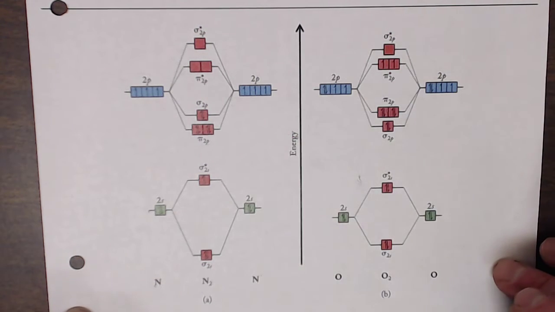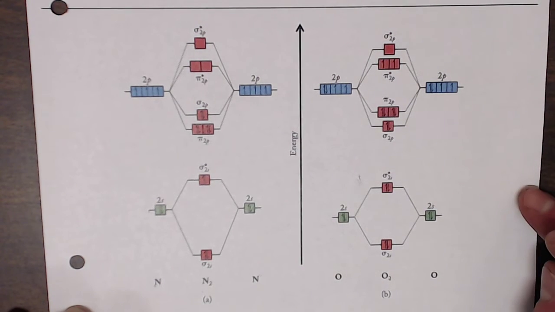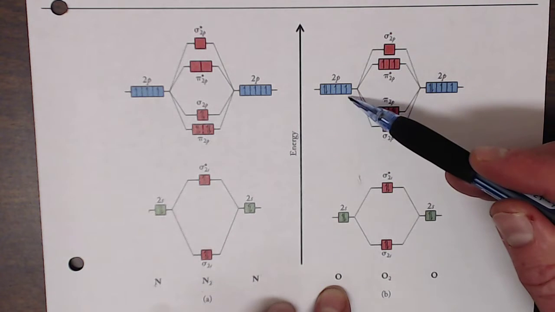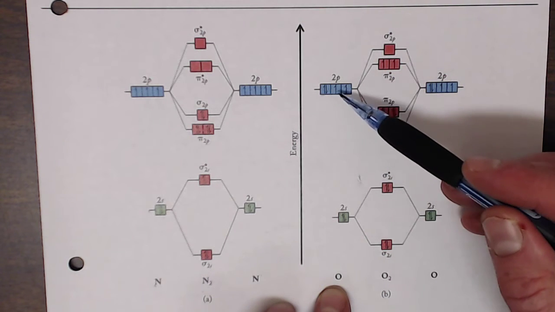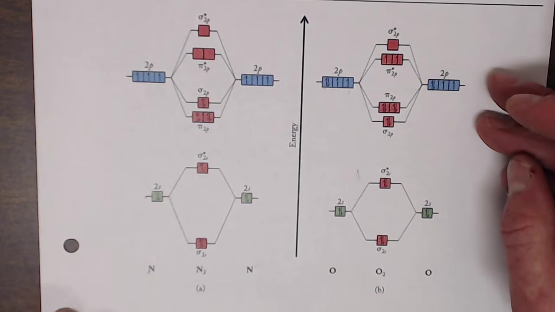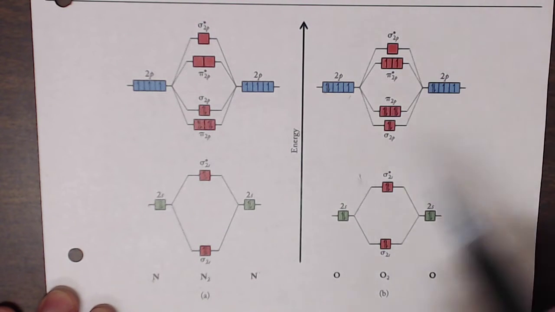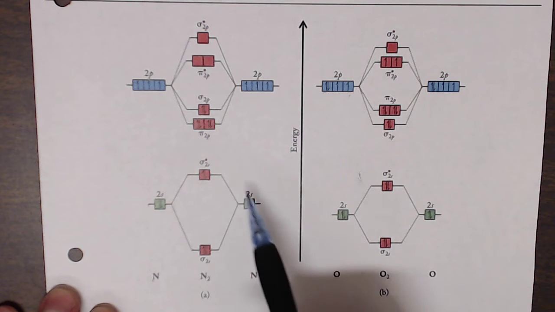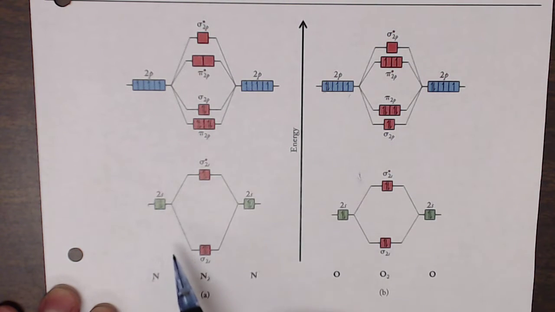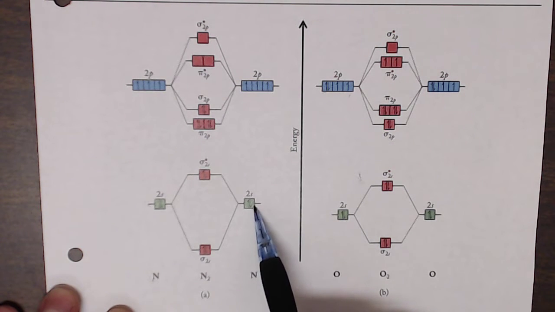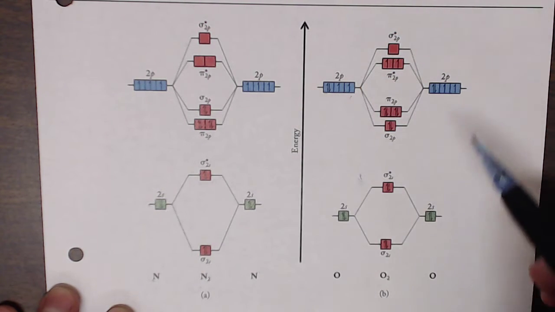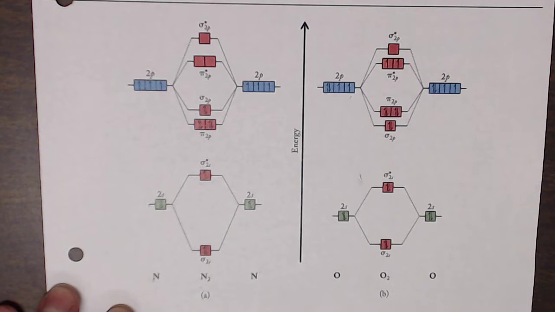It's only showing you the valence electrons. And then similarly for oxygen, the valence electrons are 2s2, 2p4, so that's 1, 2, 3, 4, okay? And so now when we go to populate this diagram, we note that our sigma 2s and sigma 2s star are filled up, right? I've got 1, 2, 3, 4 electrons here.